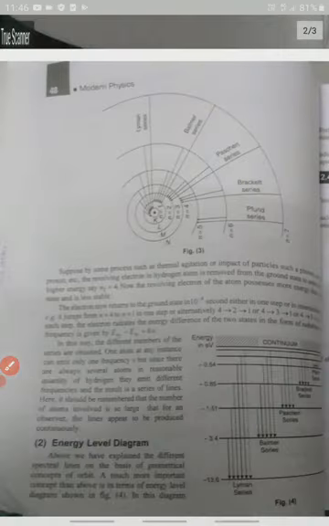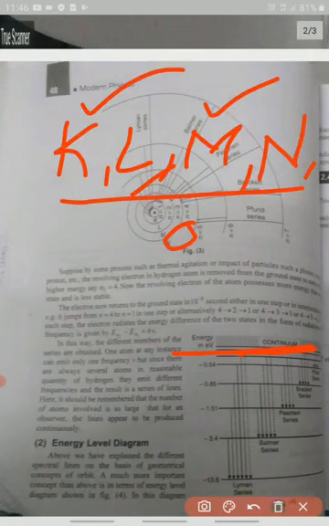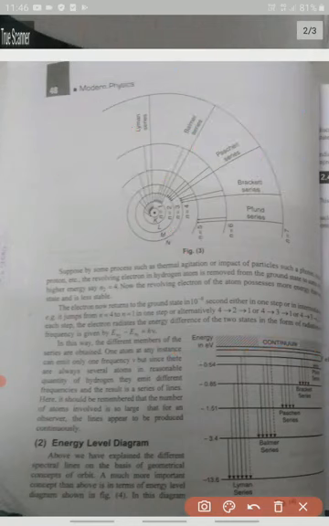This is the orbit picture of the hydrogen atom: the nucleus at the center, then the first, second, third, fourth, fifth, and sixth orbits.